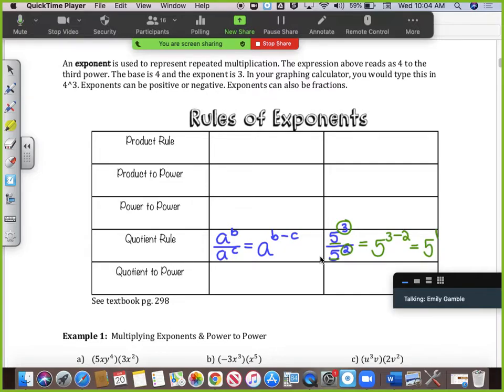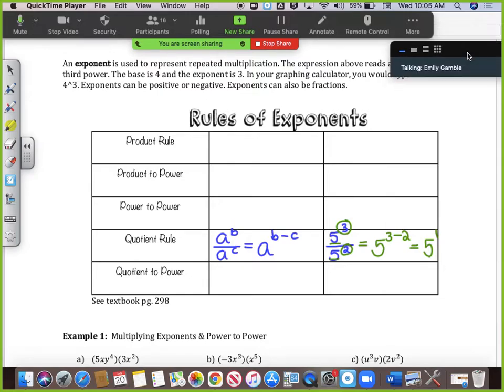And the reason why this happens is exponents are just telling you how many times that number is being multiplied by itself. 5 to the third power is the same thing as 5 times 5 times 5. Over 5 to the second power is the same thing as 5 times 5. When you have division, if you have the same number in the numerator as you do in the denominator, they cancel out. Like this 5 cancels out with this 5, and this 5 cancels out with this 5.